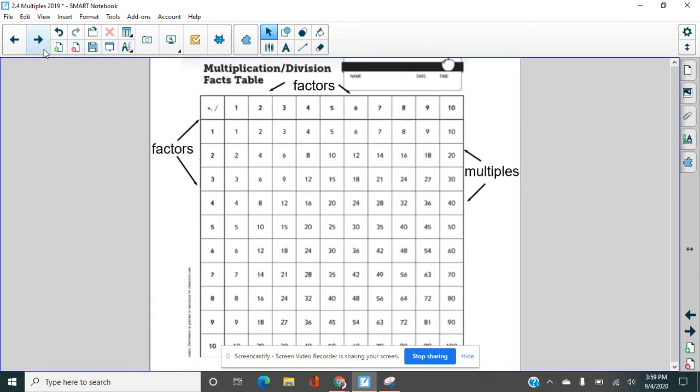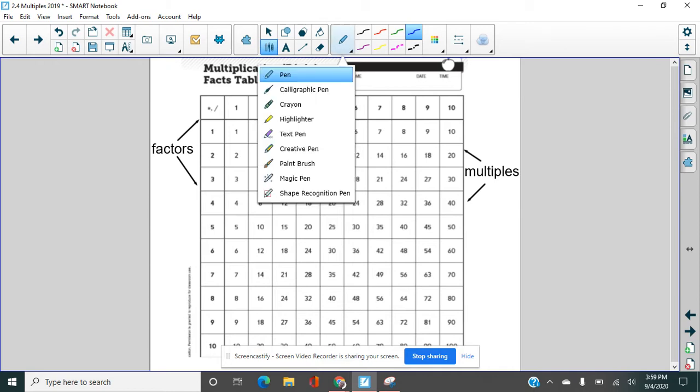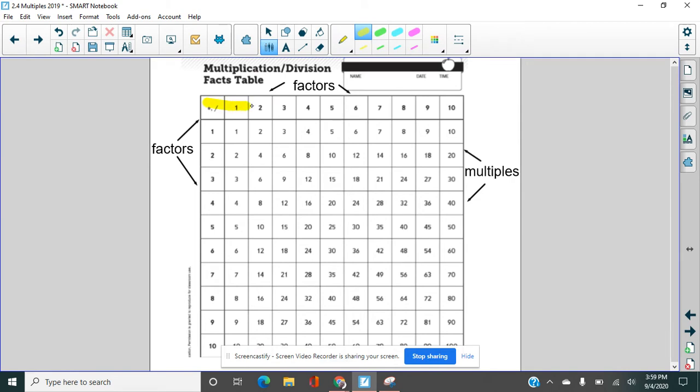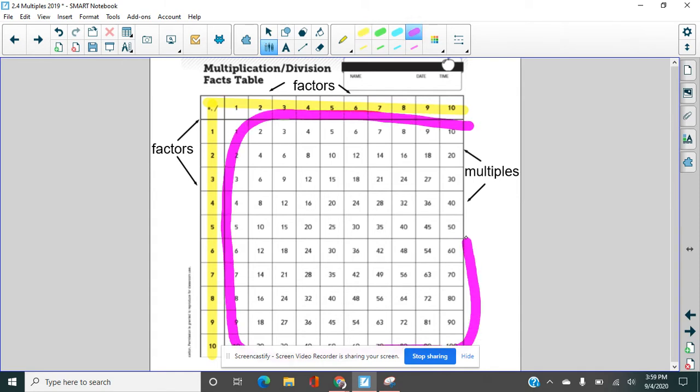So when we take a look at this facts table, all of the factors are on the edges. Here are all the factors, and here are all the factors. The rest of the chart, all of this space, these are all of the multiples, right?